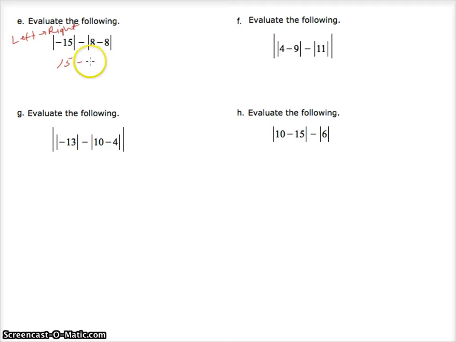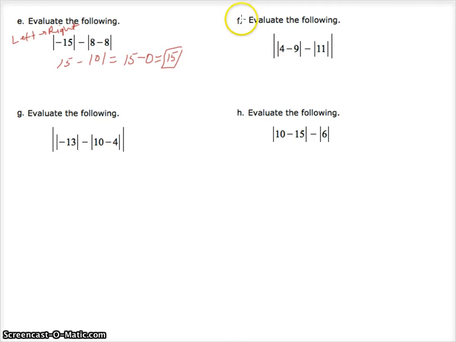Minus the absolute value of 8 minus 8, which is 0. And this is the absolute value of 0. So now I can solve the problem. The absolute value of 0 is 0, so 15 minus 0 equals 15.